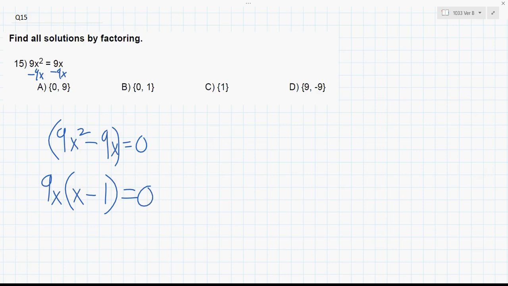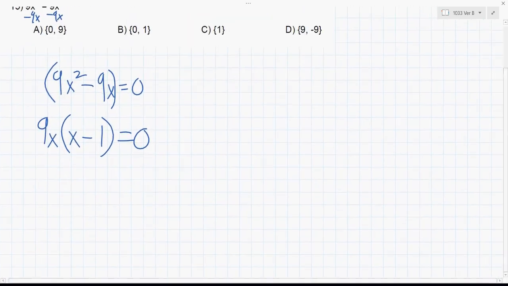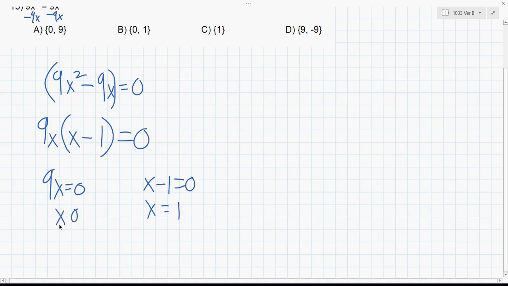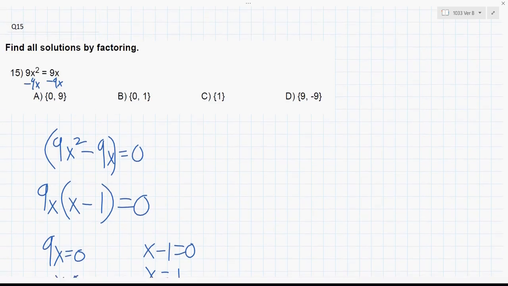I have two answers: 9x equals 0 and x minus 1 equals 0. So x will equal 1, and x will still equal 0 because 0 divided by 9 is still 0. We look and see that we do in fact have the answers 1 and 0.